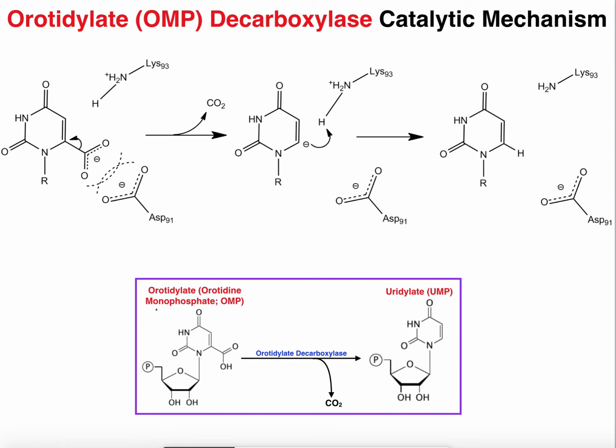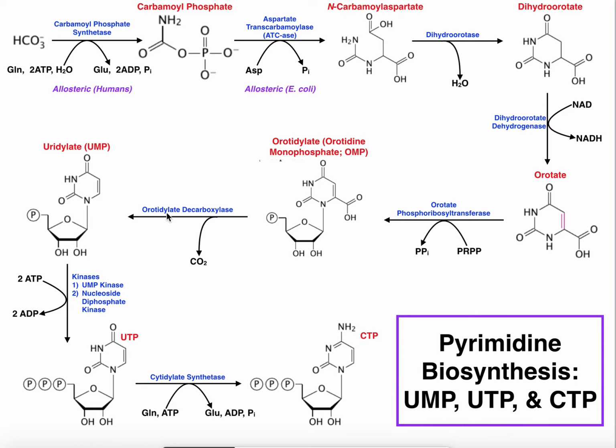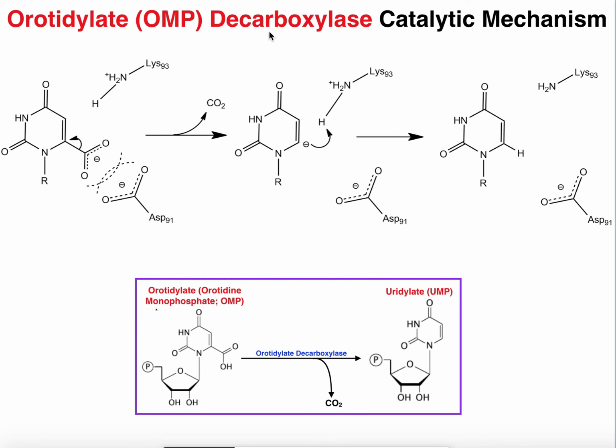I mentioned in the pyrimidine biosynthesis video, when we talked about orotidylate decarboxylase, aka OMP decarboxylase, that I would show you the mechanism of it, because this is a really important enzyme when you're talking about rate enhancement. I mentioned that orotidylate decarboxylase, first of all, converts orotidylate into UMP, or uridylate, but that it takes a reaction that, uncatalyzed by an enzyme, would take roughly 30 million years, and then does it in 17 milliseconds.